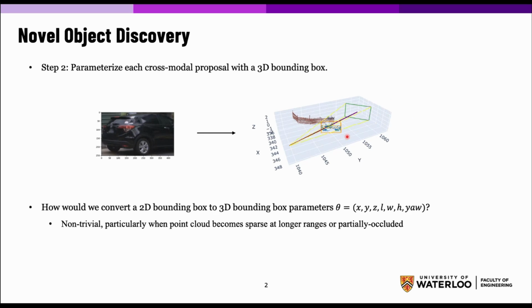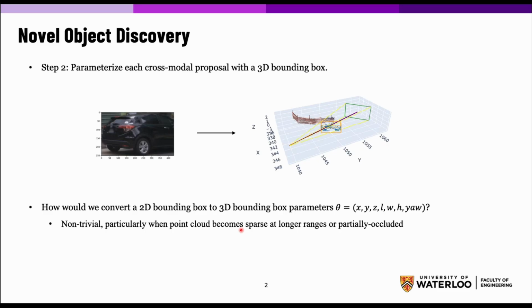So after we do that, we don't want to just pair them. We also want to find a 3D bounding box that fits appropriately on this object cluster that we found. So the question begs, how will we convert a 2D bounding box to a 3D bounding box? This is actually non-trivial, particularly when you think about it, because at longer ranges, the point cloud becomes more sparse.